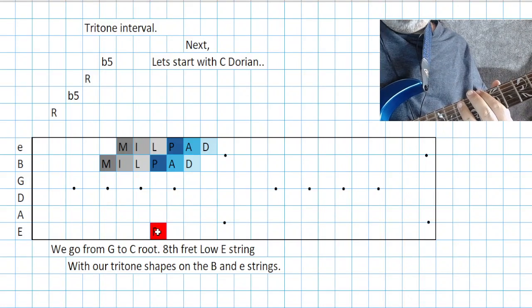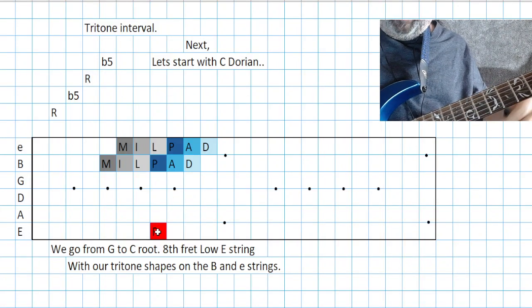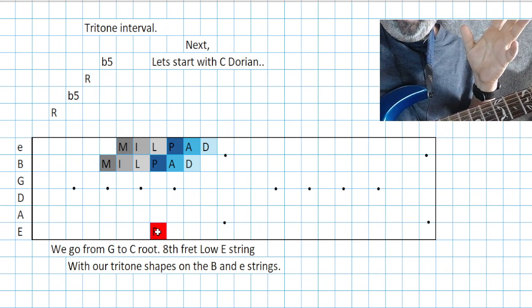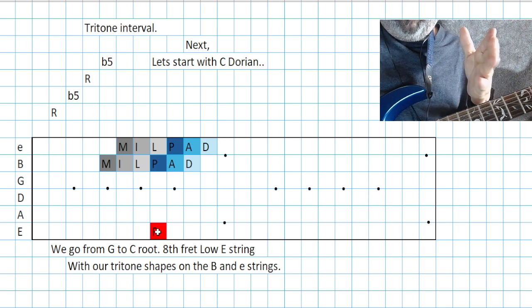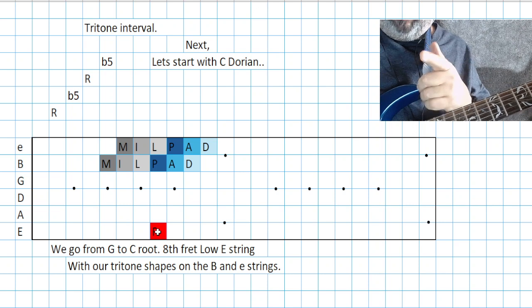So how can we turn this into an easy peasy soloing technique? So okay, we have our tritone shapes on the lower B and E string. Let's basically start all the way at the edge there with C Dorian.